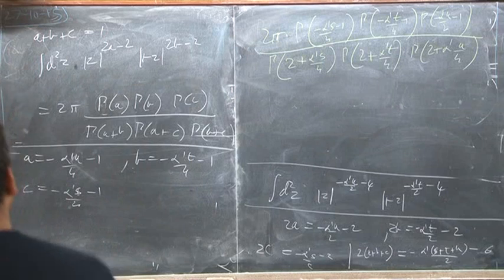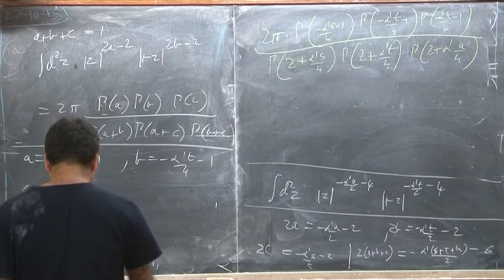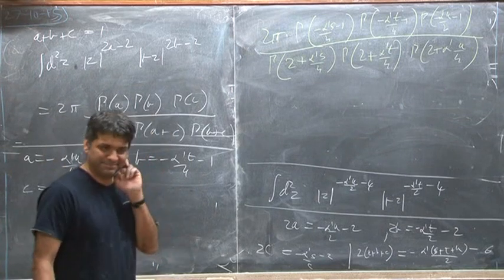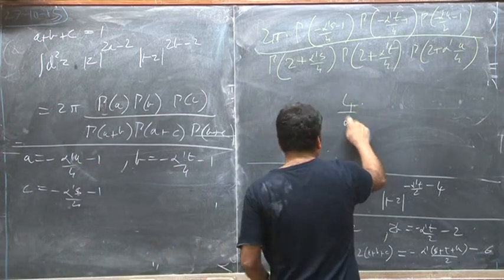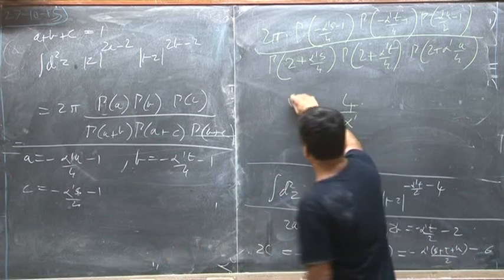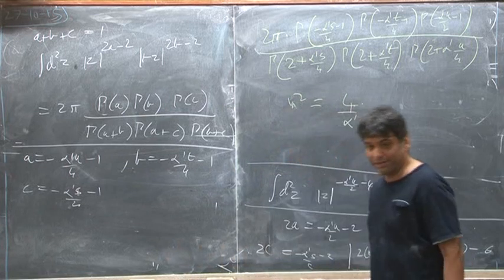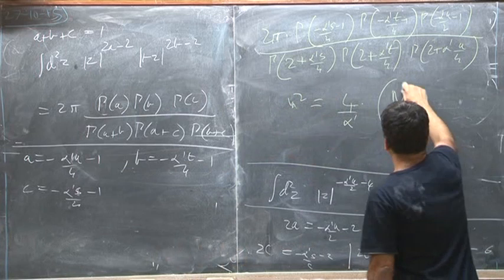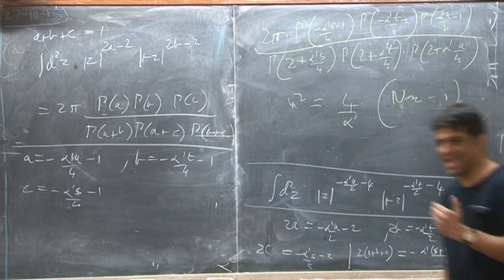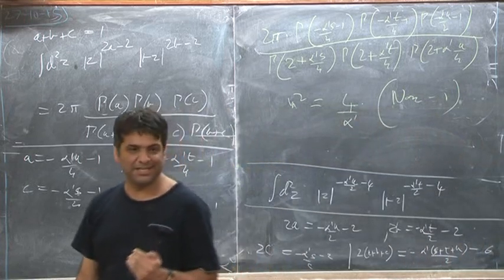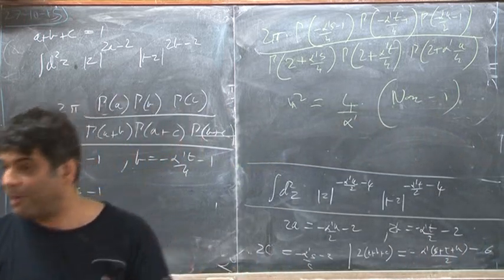Now, remember the closed string mass shell formula. The closed string mass squared is 4 divided by alpha prime times the oscillator number. The closed string masses are spaced in units of 4 by alpha prime.